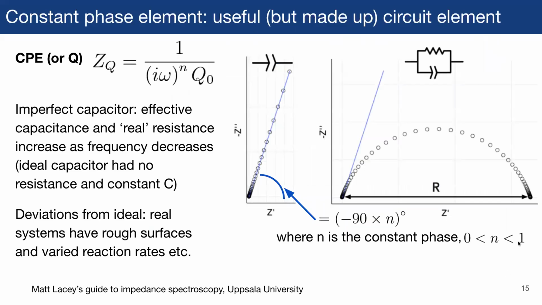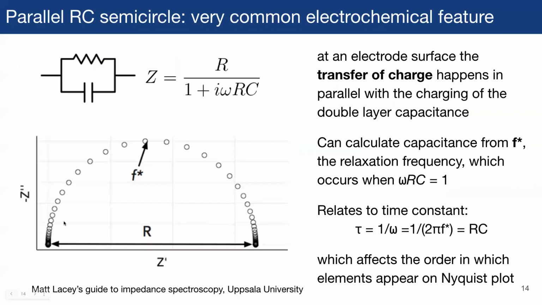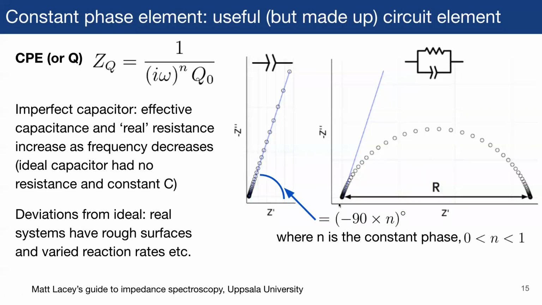As n goes to 1, we end up with an ideal capacitor, but we can basically move off of this n equals 1 in order to measure non-idealities. When we have a resistor in parallel with a constant phase element, we basically end up with a sort of depressed semicircle that isn't actually a full semicircle like we saw in these cases. Instead, it sort of appears like it almost starts lower.